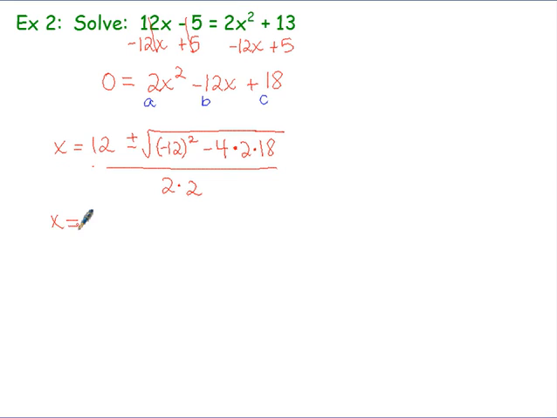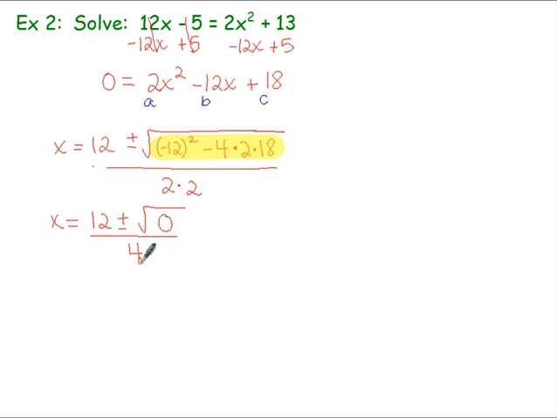Now we're ready to use our calculator a little bit. Keep the 12, keep the plus or minus, keep the square root. You should have typed this part in your calculator. Parentheses, negative 12, close parentheses, squared, minus 4 times 2 times 18, and you should have gotten 0. Divided by 2 times 2 is 4.